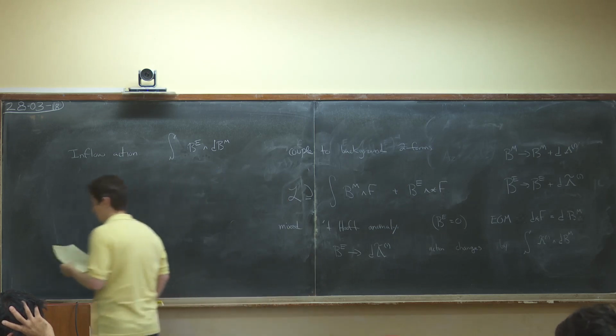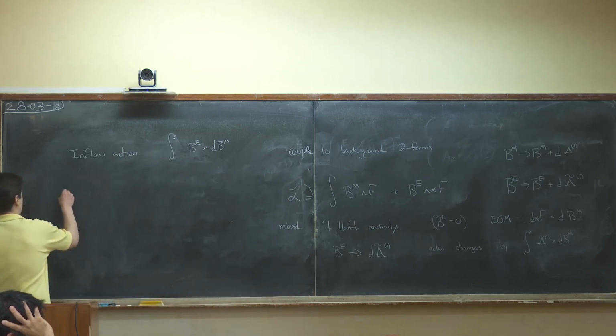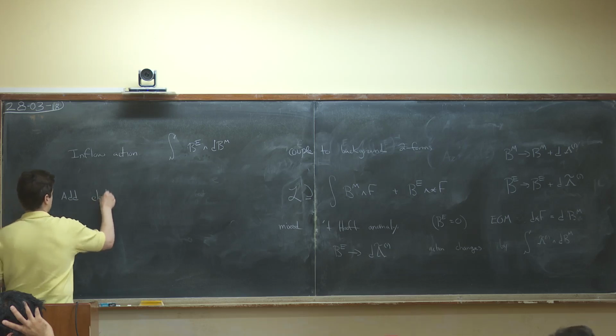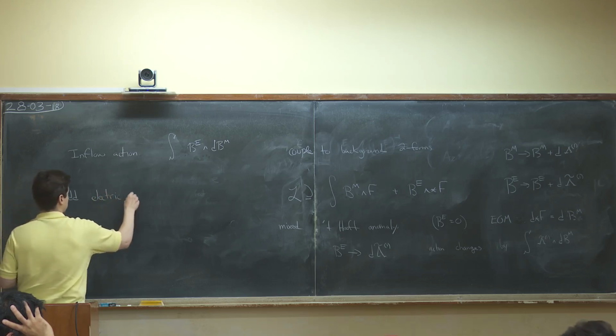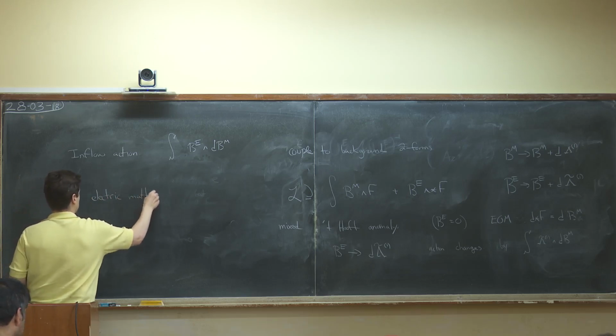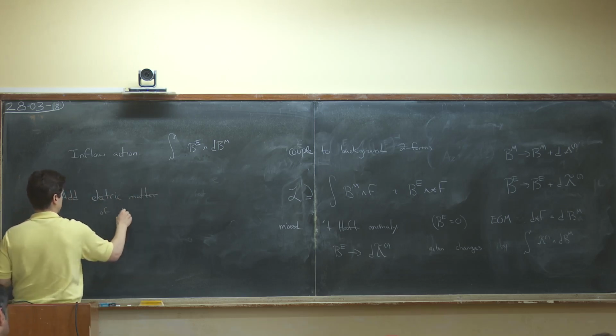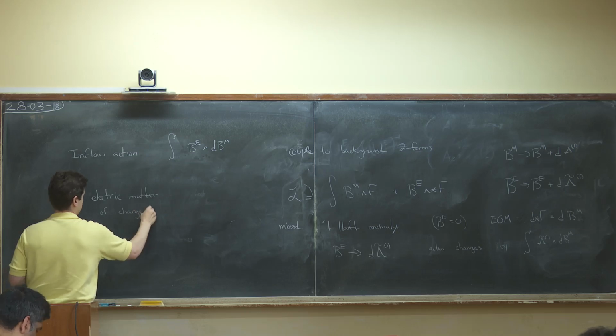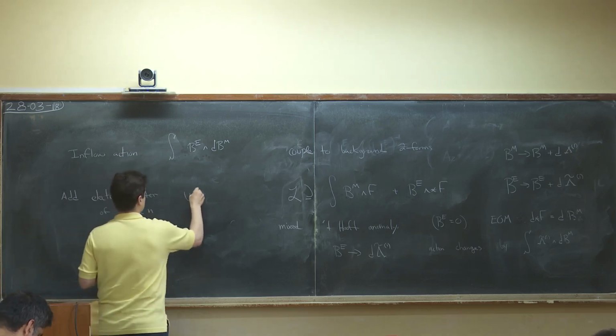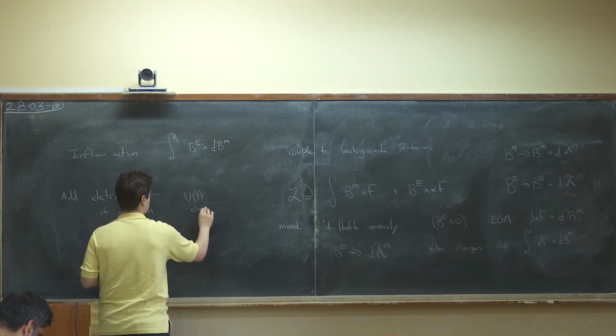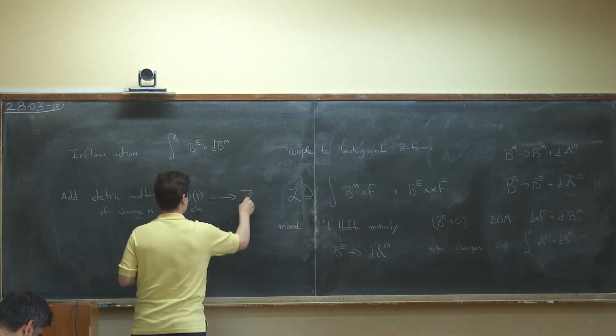Okay, so we can ask what happens to this story if we add electric charge matter of charge n. In this case, the U(1) electric symmetry will be broken to Z_n.